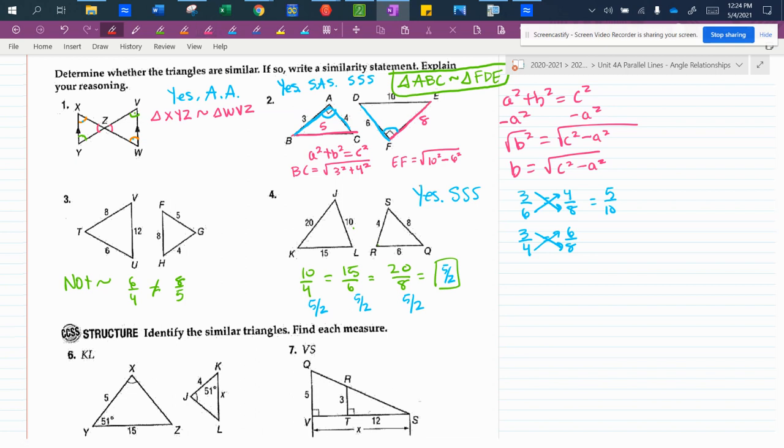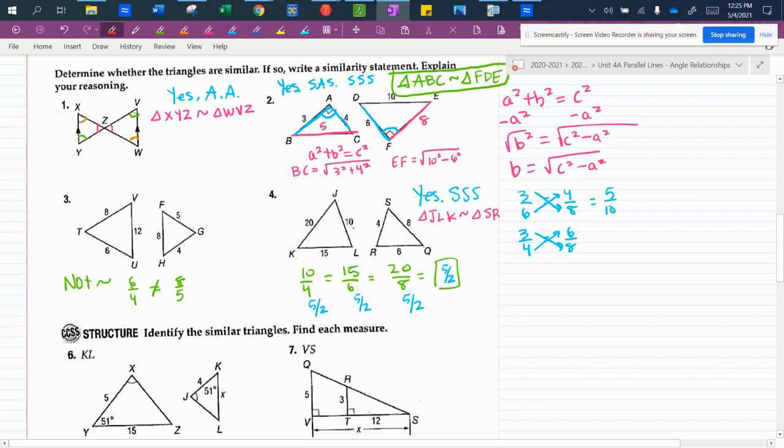And my similarity statement, if we're looking at triangle JLK, is going to be similar to triangle what? What order do my letters have to go in? SRQ. Do we agree? SRQ.